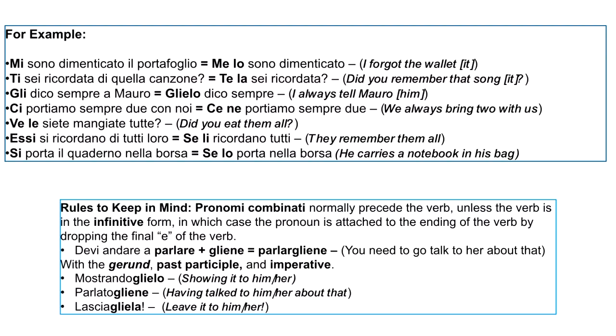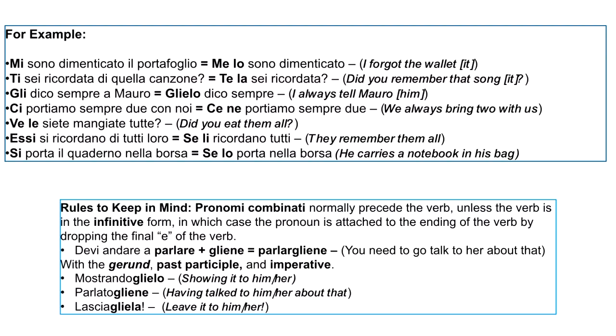The third example, gli dico sempre a Mauro. Now here you can combine, and sometimes, as you can see in the case of gli and lo, you literally fuse the two pronouns, and it becomes one word. Glielo dico sempre. So the first part of this word, glie, refers to him, and the second, lo, refers to it.